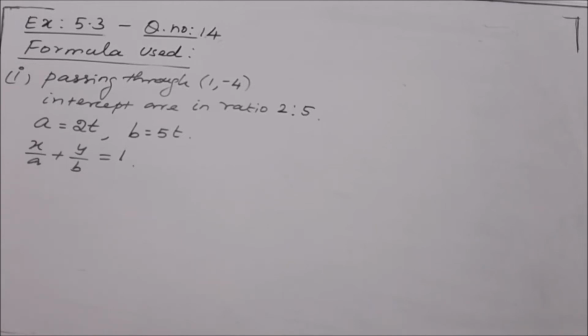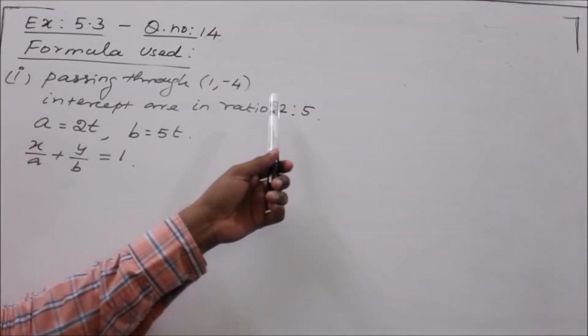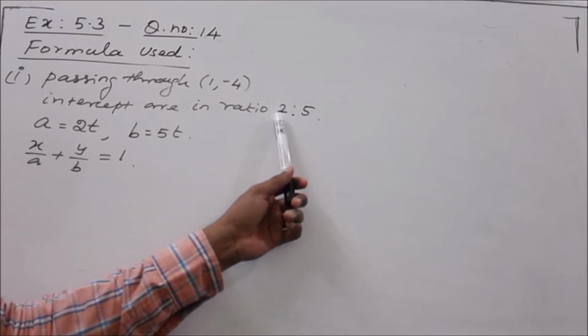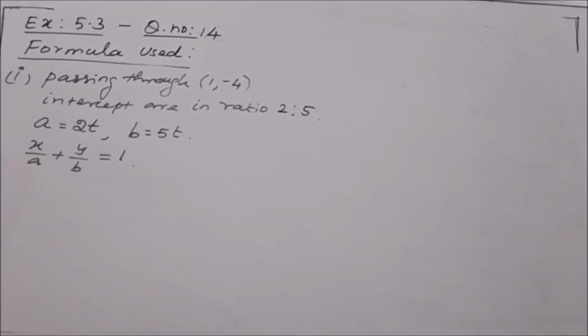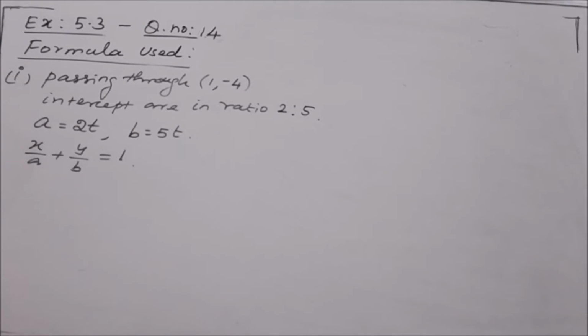Question number 14. The required line passes through (1, minus 4) and has intercepts on the x-axis and y-axis in the ratio 2 to 5. So the ratio is 2:5, passing through (1, minus 4).